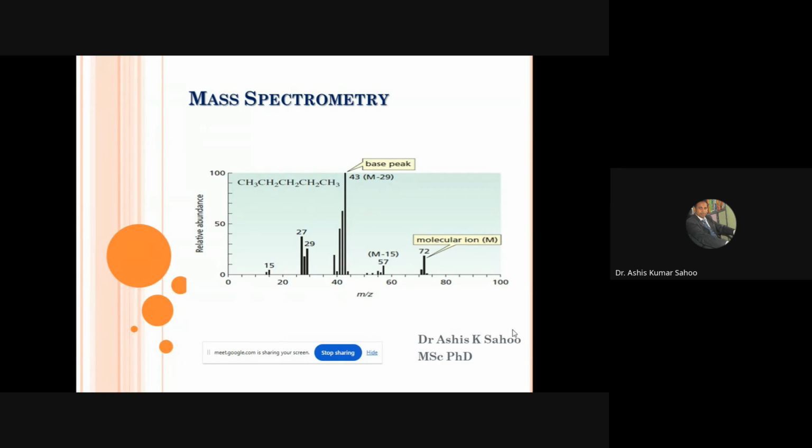We get a molecular ion peak, which will be the molecular mass of the system.